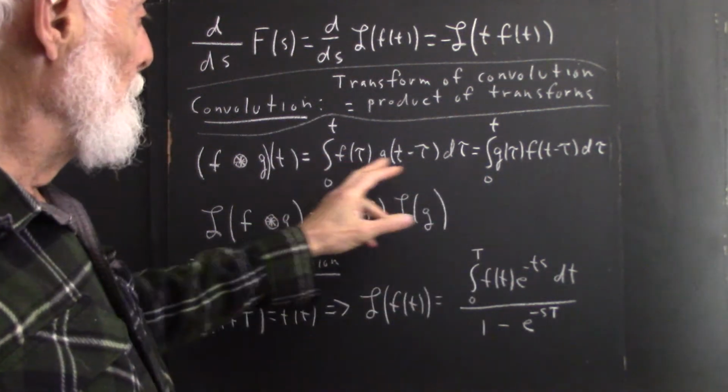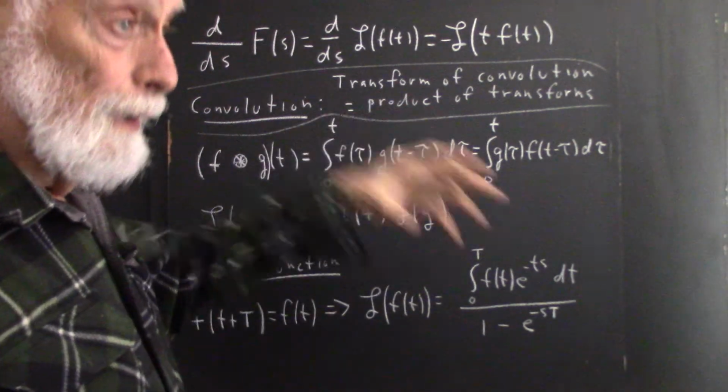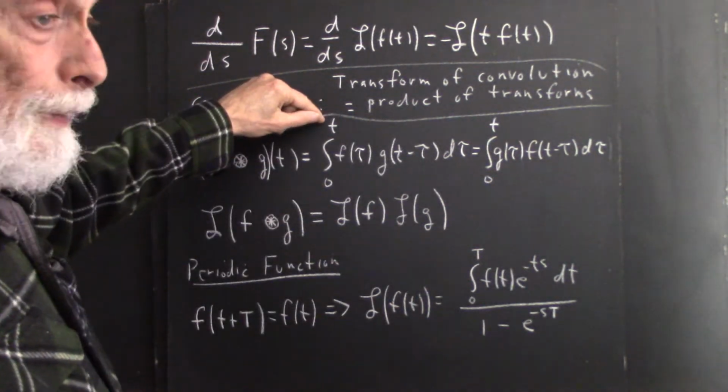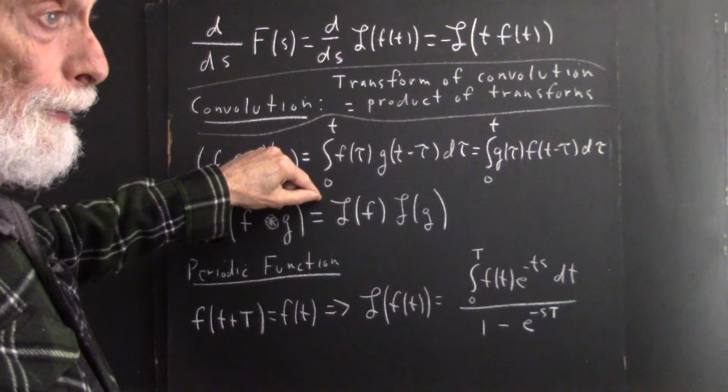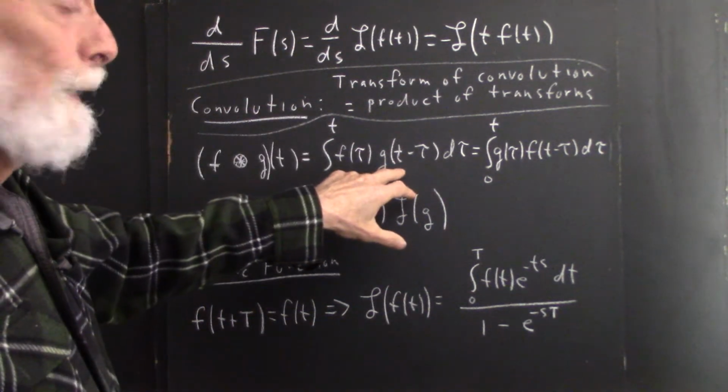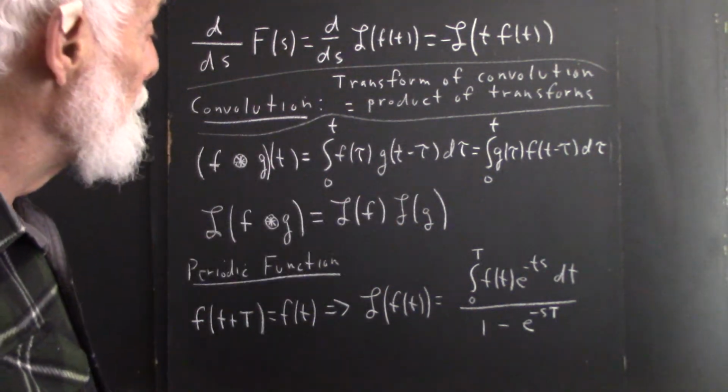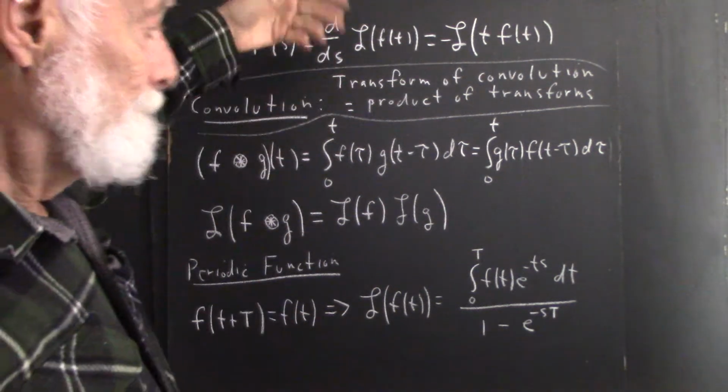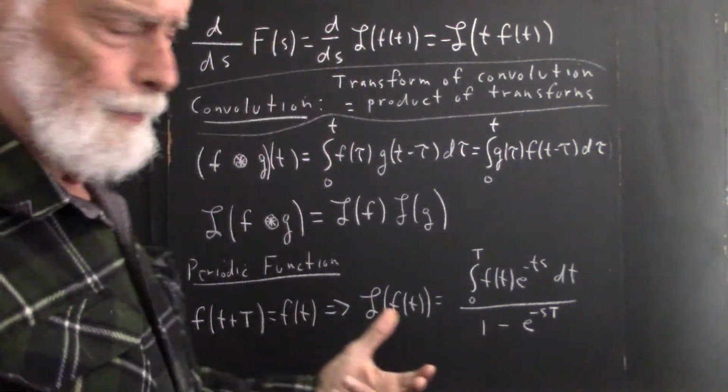So we integrate with respect to tau, we get an antiderivative, and then we substitute t, and of course we substitute 0. Typically we'll get some t's out of the g of t function.